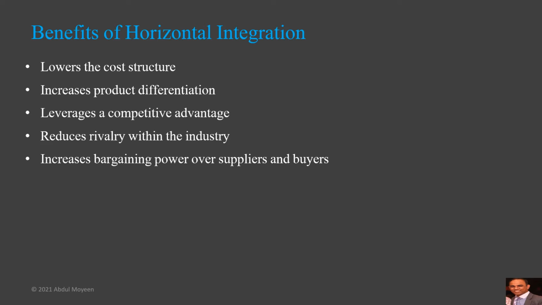By consolidating the industry through horizontal integration, a company becomes a much larger buyer of suppliers' products and uses this leverage to bargain down the price it pays for its inputs, thereby lowering its cost structure. And when a company has greater ability to raise prices to buyers or bargain down the price paid for inputs, it has obtained increased market power.